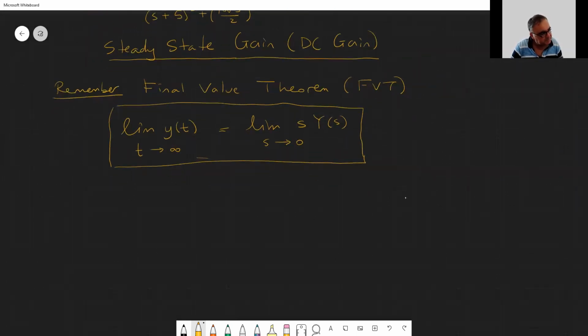Well, now the gain of the system is basically the value, the steady state gain. Steady state, what we mean by steady state, actually, let's define this.